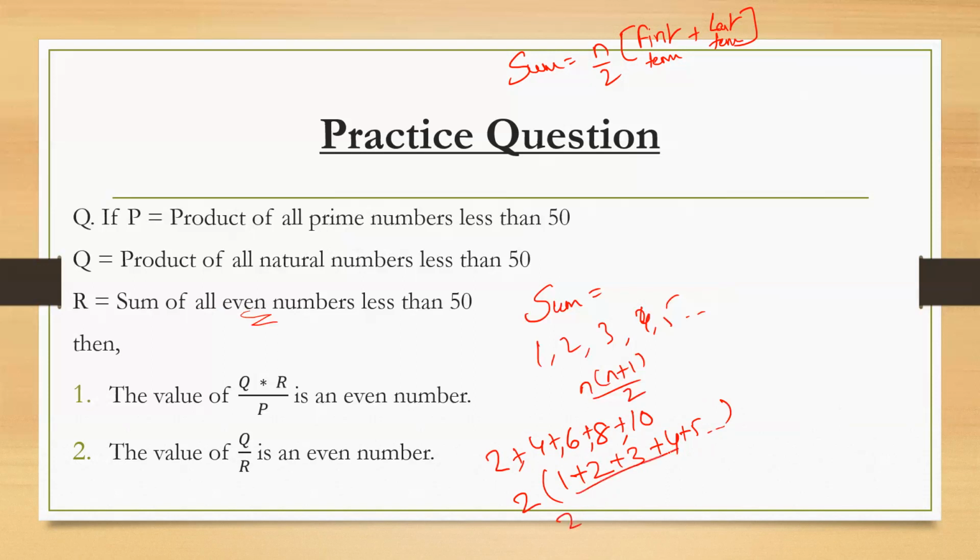So this is 1 plus 2 plus 3 plus 4 plus 5, which is nothing but n into n plus 1 by 2. Or you can cancel this 2 and 2 out. That is n into n plus 1. Is it clear, Raghavan? Sir, is this formula for the sum of all even numbers? Yeah, for the sum of all even numbers you can take it, but you should know what your n will be. You can use the formula, but you should.